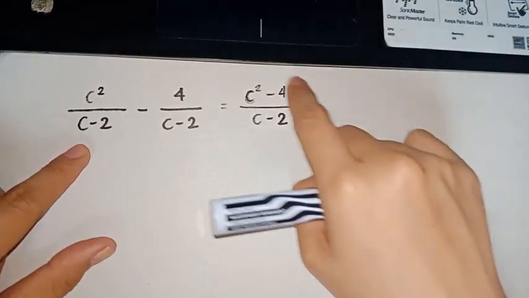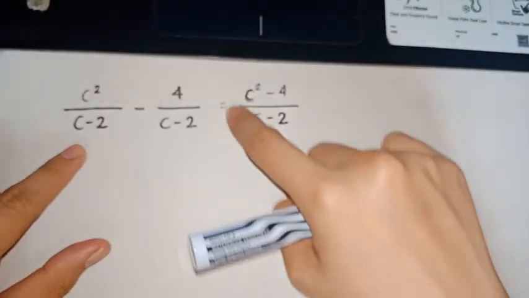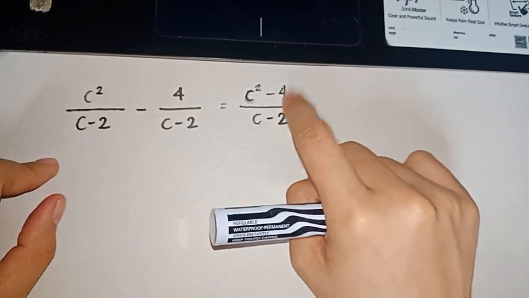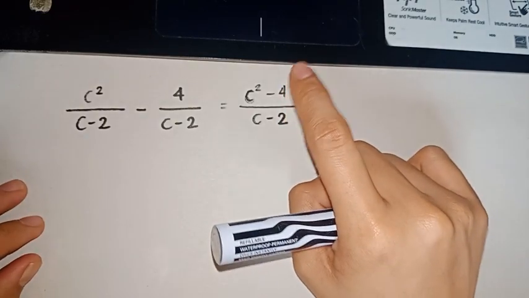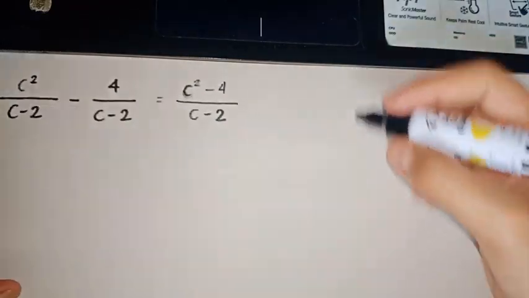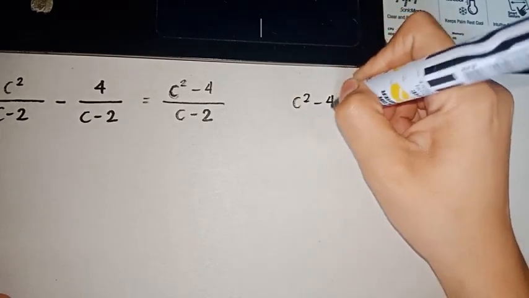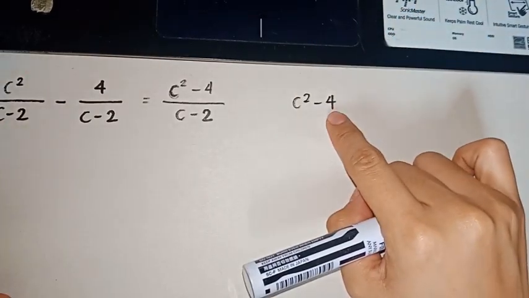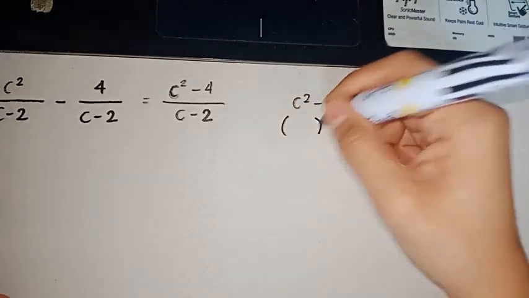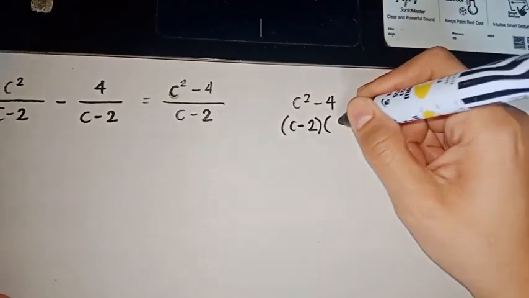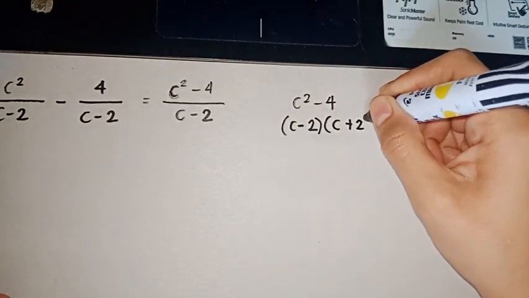How can we simplify this rational expression? As you can see, we have c squared minus 4. This is factorable, so let's first get the factors so we can simplify this. For c squared minus 4, the factors of negative 4 are positive 2 and negative 2. So we have c minus 2 and c plus 2.